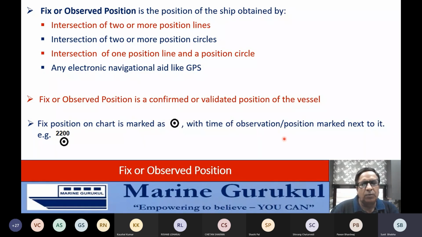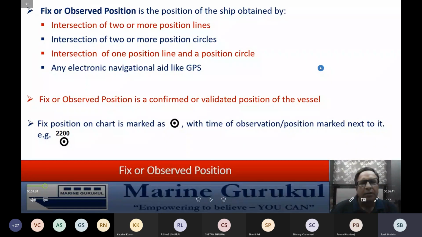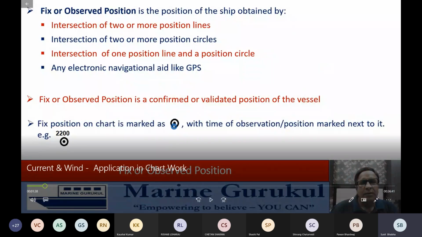And if we want to indicate the time for which the fix has been marked, it can also be indicated against the symbol, as you can see on your screen. So this is an observed position, also known as a fix. This has been observed by taking a position line, position circle, or by using an electronic navigation instrument like GPS. And the symbol we use for this is a circle and a dot in between with the time written along with it.